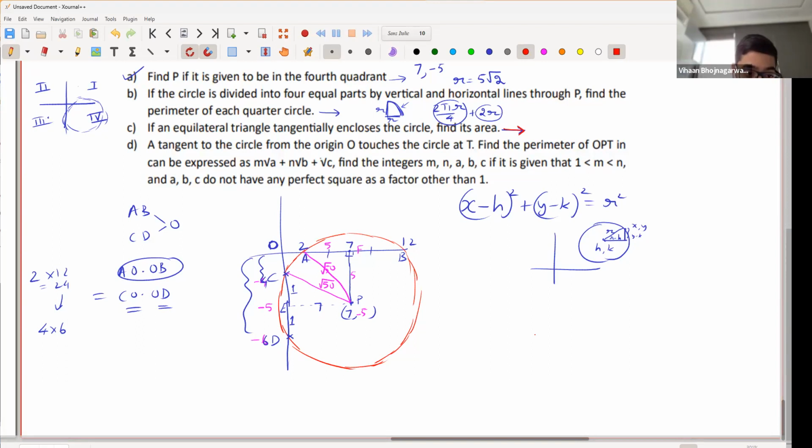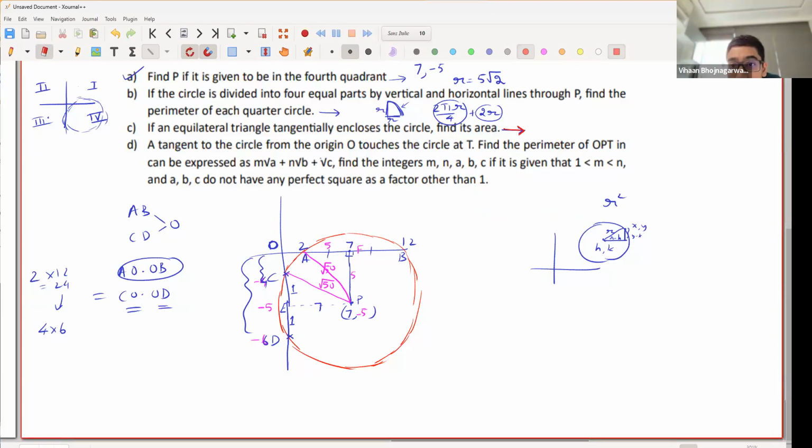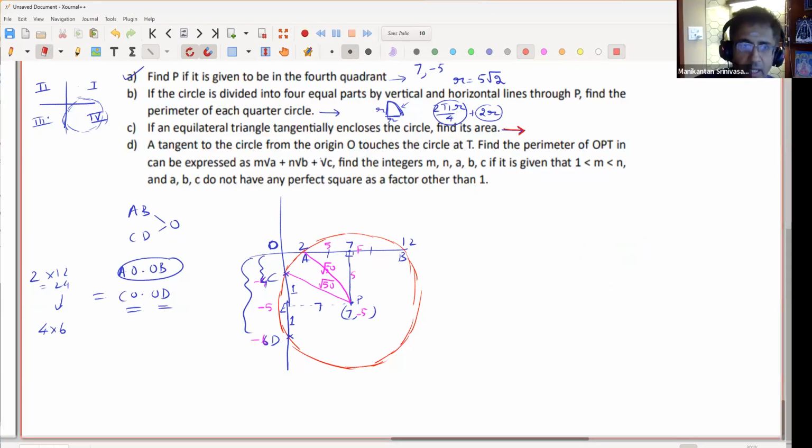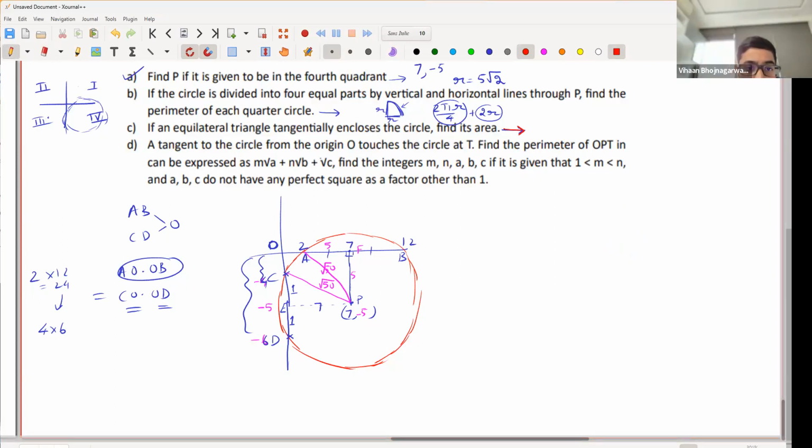I got some random value, so I just didn't do it after that. Okay, that's fine. Can you describe what to do? If an equilateral triangle is enclosing a circle tangentially, firstly you have to draw a triangle around the circle.